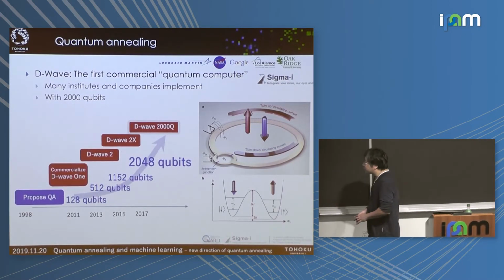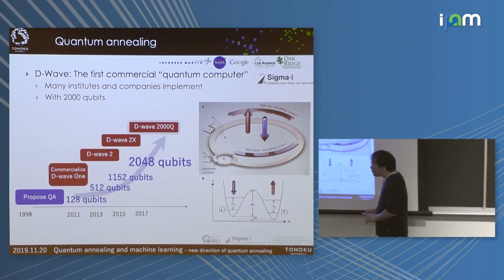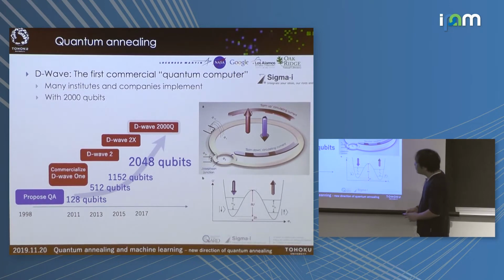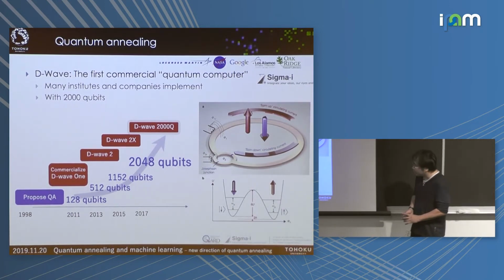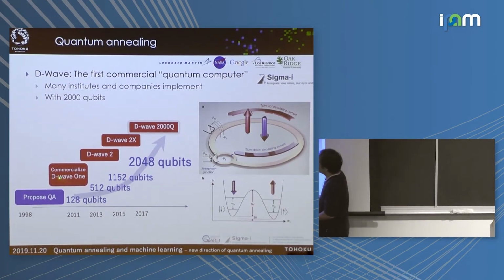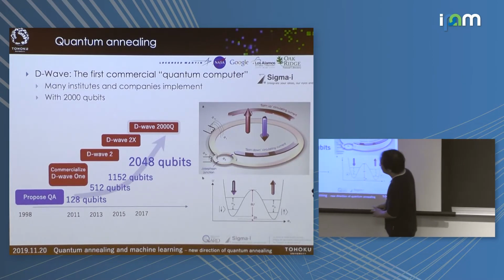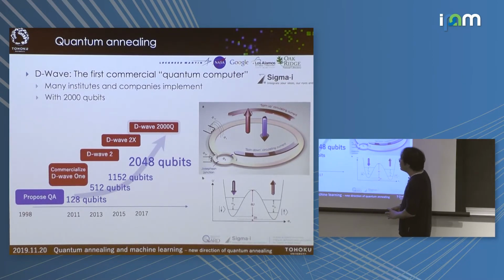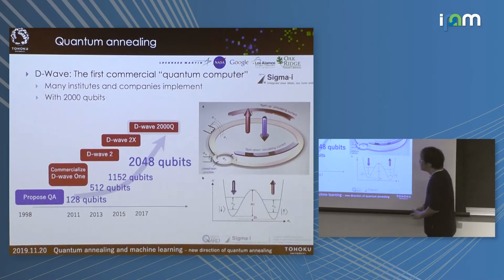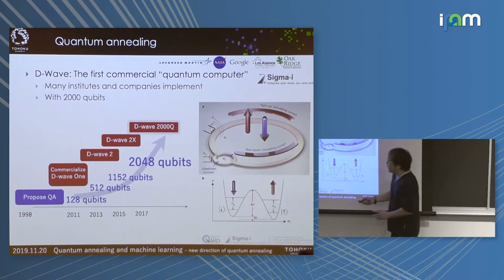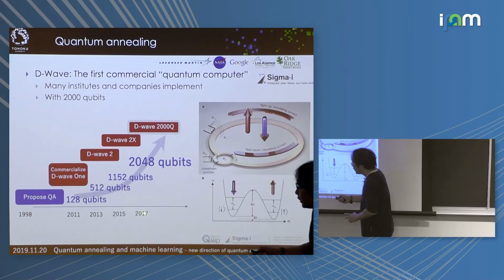Anyway, since the proposal of the quantum annealing, we took 20 years. The first commercial D-Wave machine was in 2011, and after the appearance of the commercial machine, D-Wave updates the hardware every 2 years.